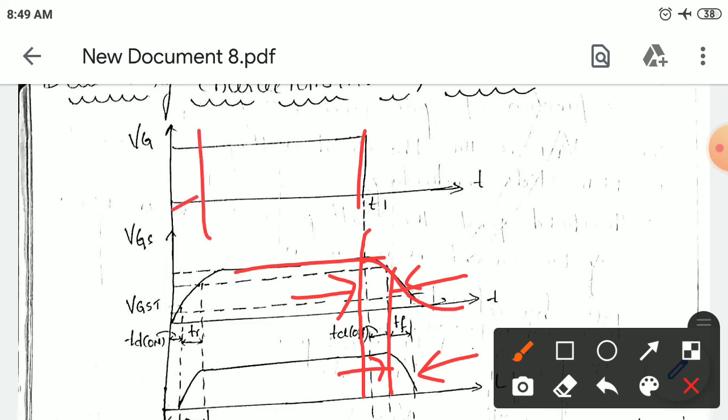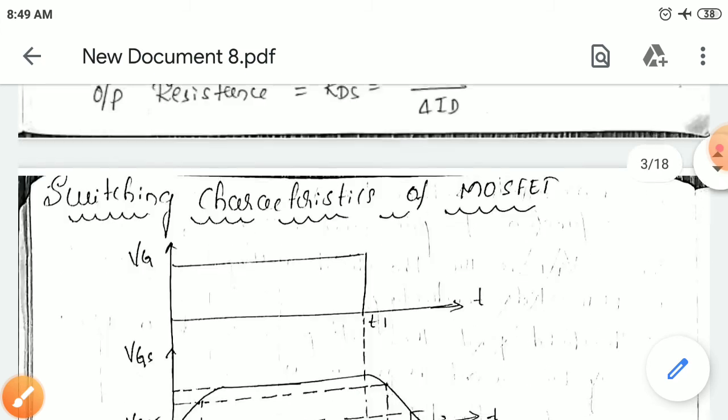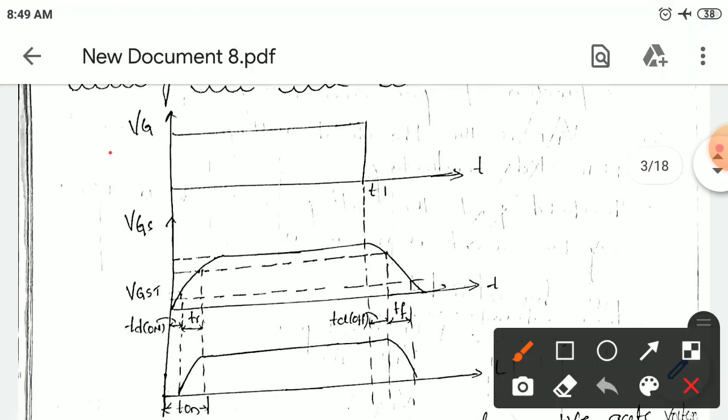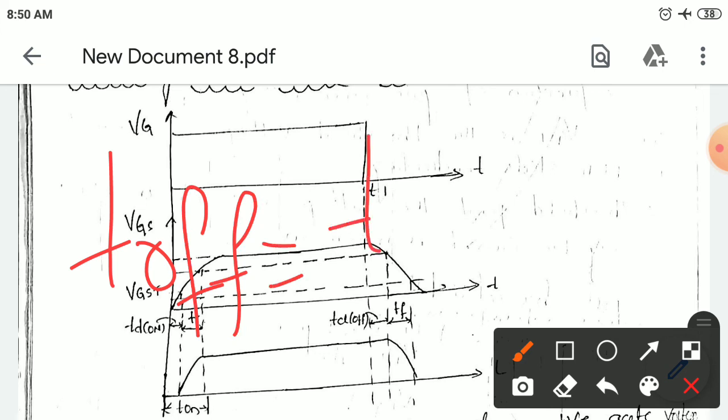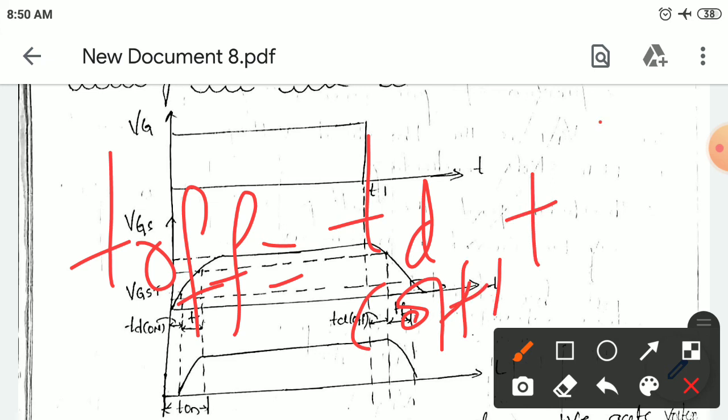So now T off is equal to TD off plus TF. TD off is the delay time during turn off, plus TF, the fall time.